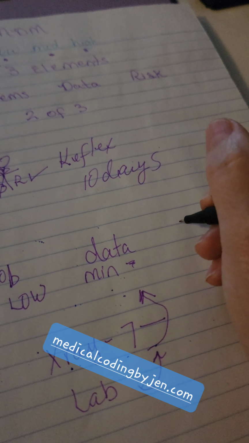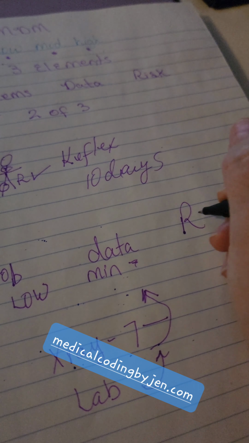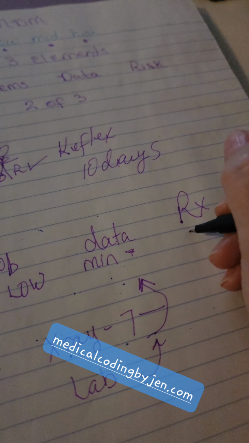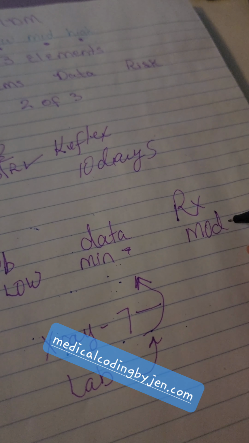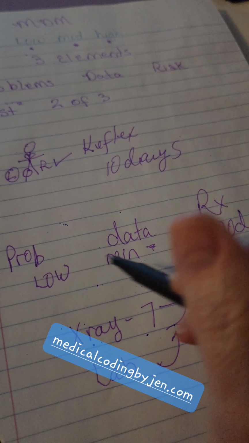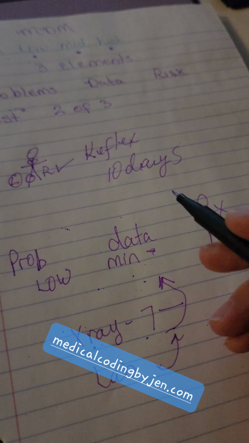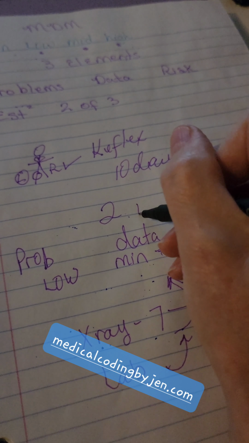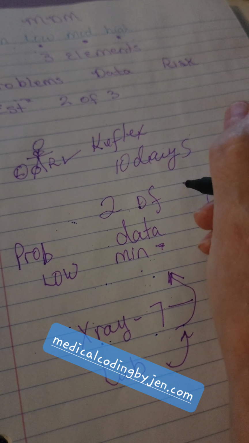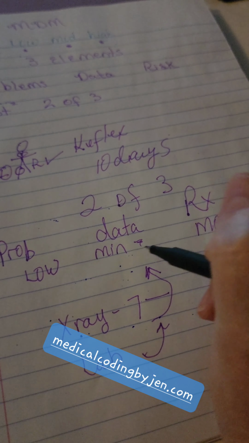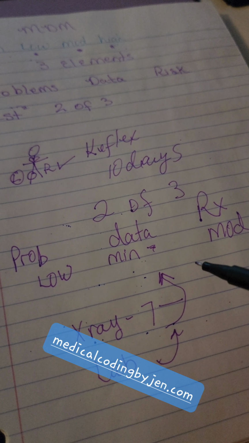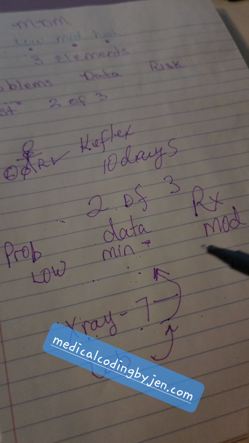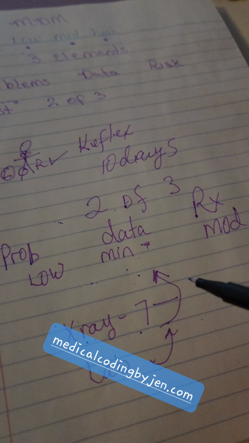The new RX that we did write today for risk assessment would be moderate, but we need to have these match. We need 2 of the 3 to match. What would you pick for our level of MDM if we needed 2 of 3 to match?